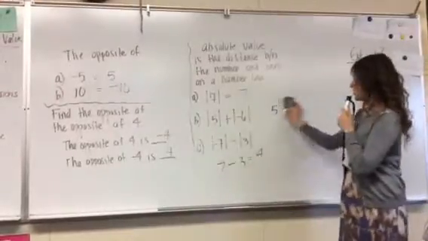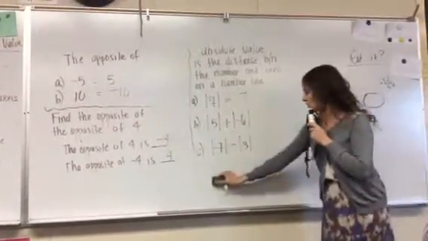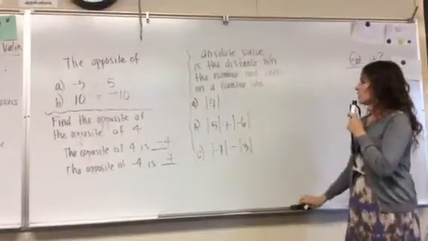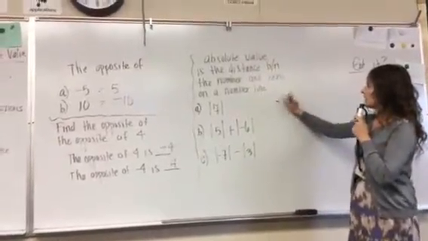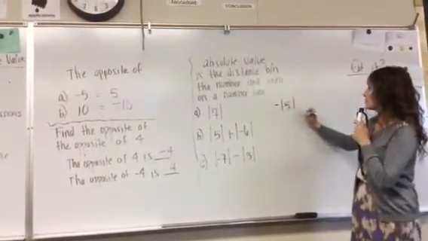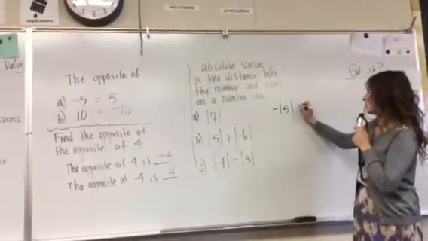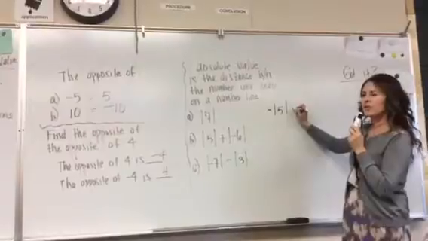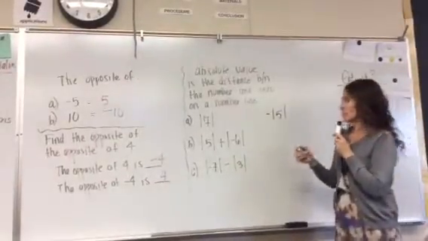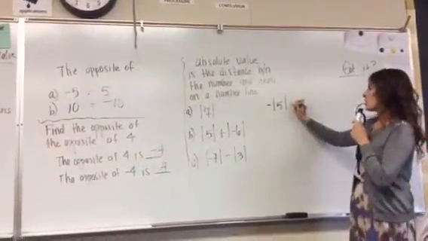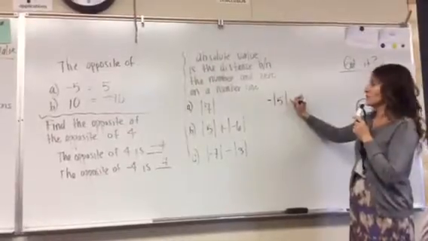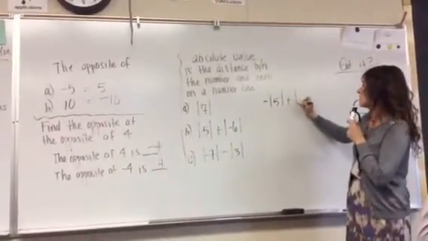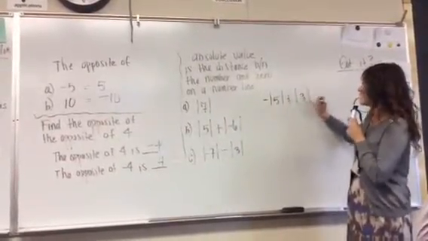Except when they try to trick you, and some people fall for the trick. When it looks like this, there's a little negative sign outside. I don't think you're going to get this in 6th grade, but you will get this in 7th grade, where you have negative numbers. I just want to show you that there is a situation where this will come up.